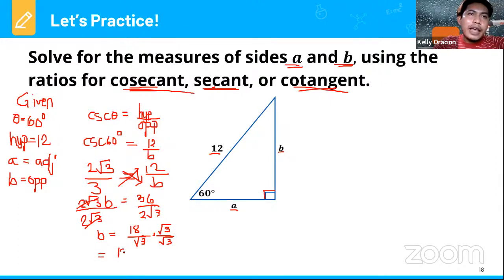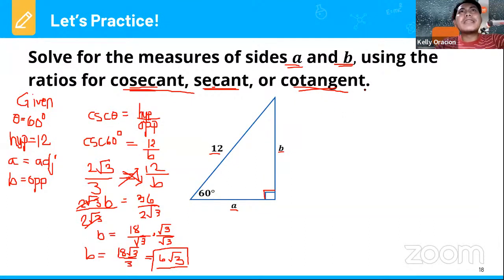So you will have 18 square root of 3 over 3. Take note, 18 divided by 3 is 6 square root of 3. O, di ba? We have arrived at the same answer sa Symbolab.